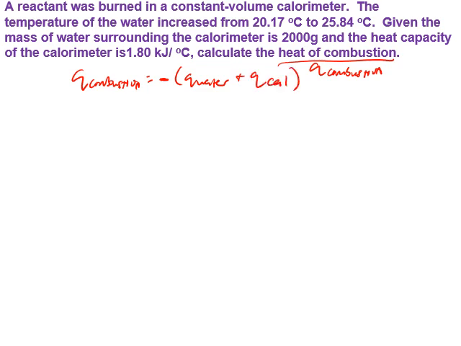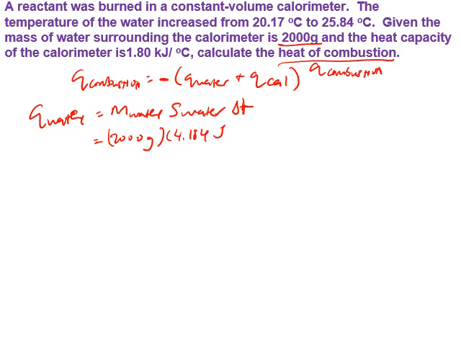For Q water, you have to use the correct formula: m s delta T. The m is the mass of the water, s is the specific heat of the water, and delta T is the temperature change experienced by the water. The mass of the water you find in the question. Can you see 2000 gram? That will be your mass of the water. The specific heat of water is a given value, 4.184 joule per gram degree Celsius.